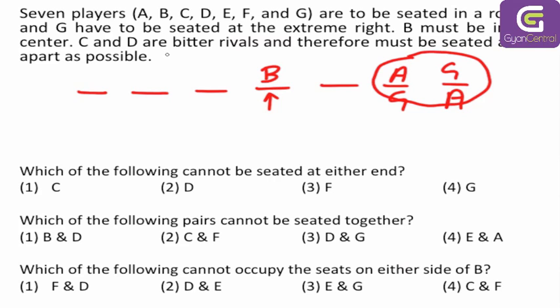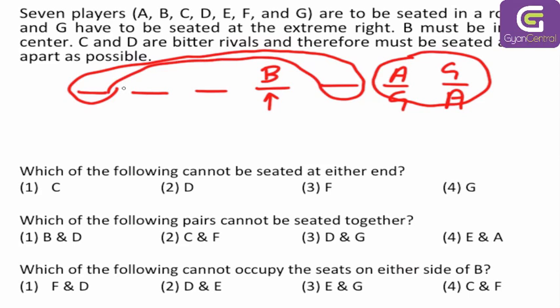C and D are bitter rivals and therefore must be seated as far apart as possible. Okay, so what are the farthest seats possible? This one, and let me just try and circle it. These 2. These 2 seats have to be filled by C and D. Now it is possible that C is here and D is here, or the other way around.